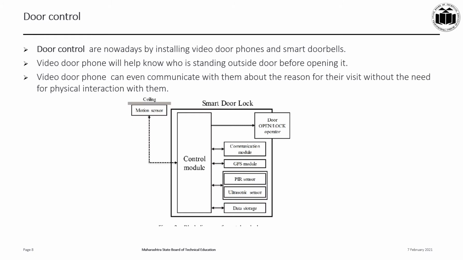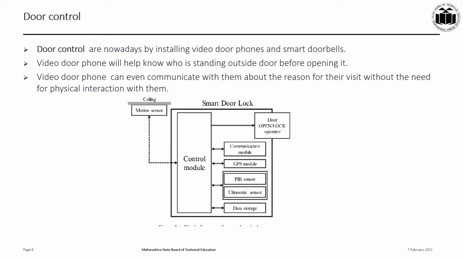The third component of a smart home is door control. Door control or smart doors nowadays are equipped with video door phones and smart doorbells. These instruments help us to know who is standing outside the door before opening it.